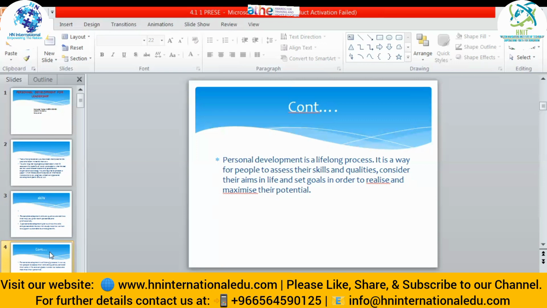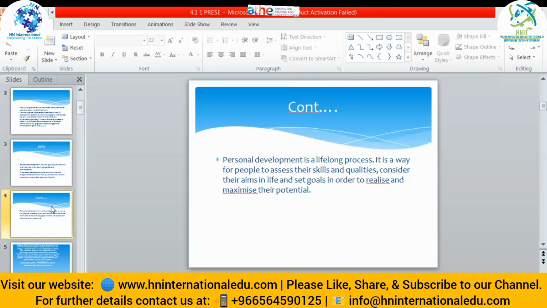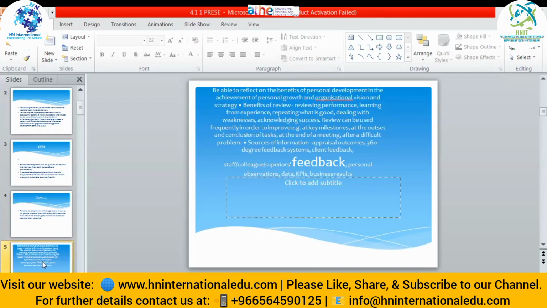And my aim would be to help them in their life. How it is a lifelong process and how you need to polish your skills and qualities by looking at it and reviewing it. Being able to reflect on the benefits of personal development in the achievement of personal growth and organizational vision and strategy is the basis of review.